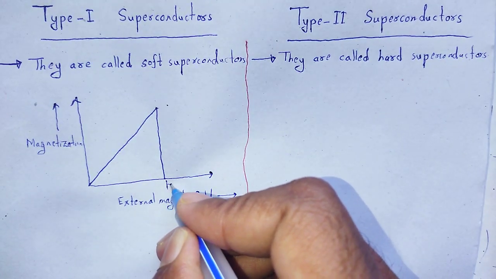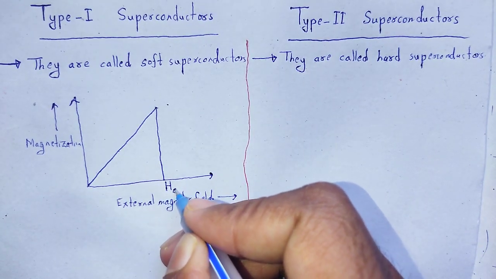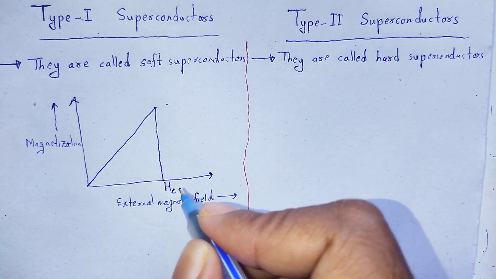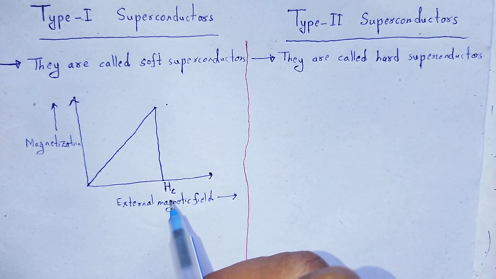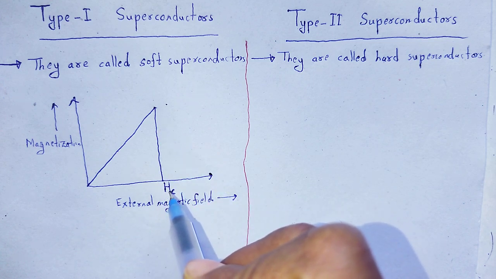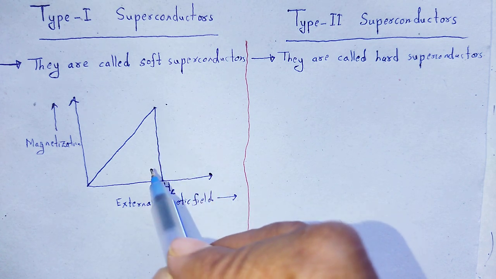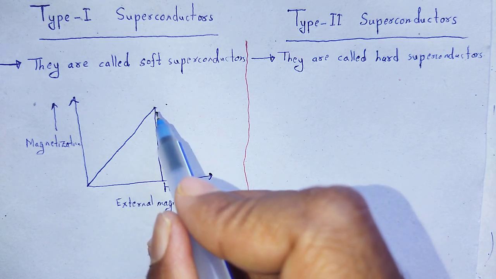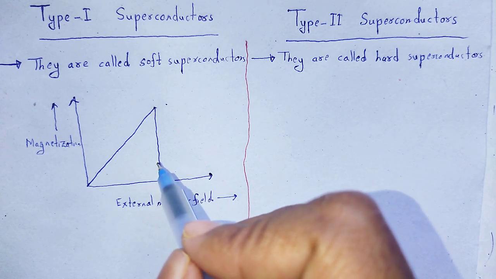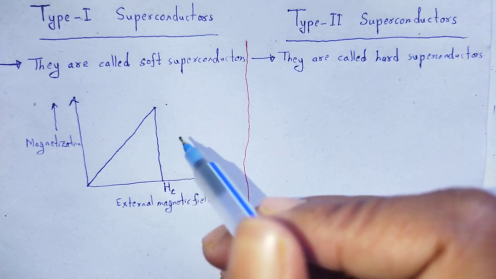That is Hc. Hc is that magnetic field at which a superconducting state can be changed to its normal state.